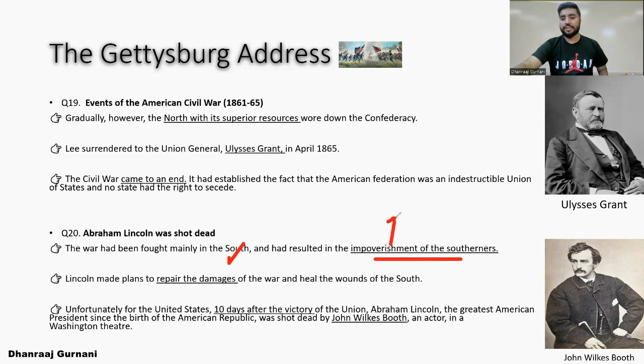Impoverishment means destruction. So mainly the southern areas where the war was fought got a lot of damage and got destroyed. However, Lincoln made plans to repair the damages of the war and heal the wounds of the South.